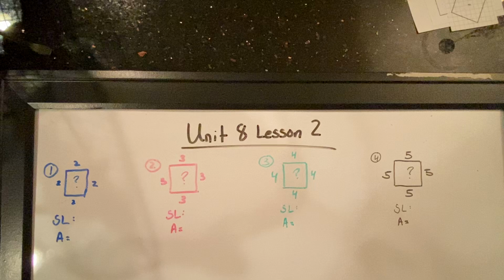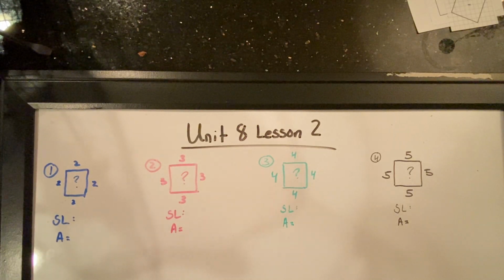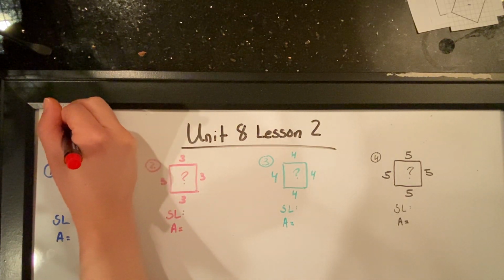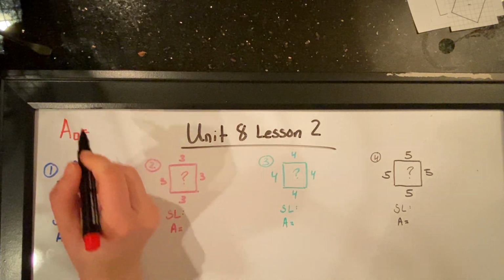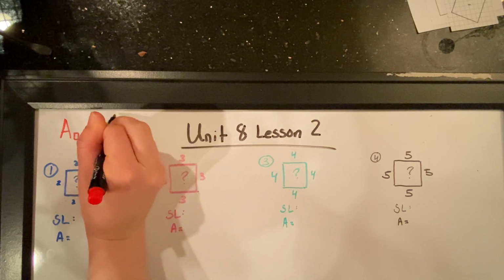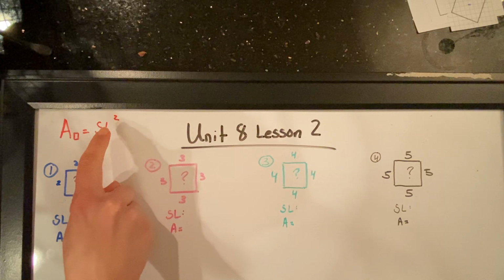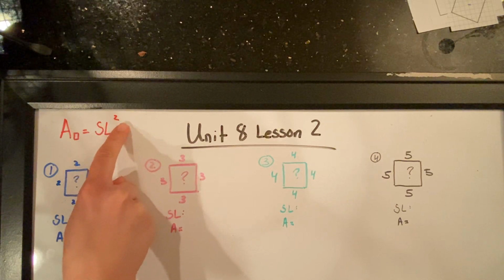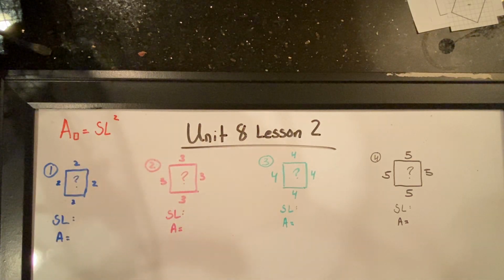Let's just go over, and I'm going to remind you that the area of a square equals side length squared. So remember, when something is squared, it means that it's being multiplied 2 times. So it would be side length times side length. So let's go over to the first one.